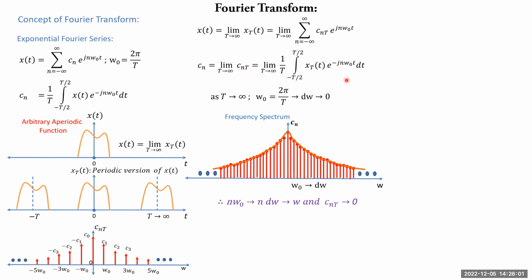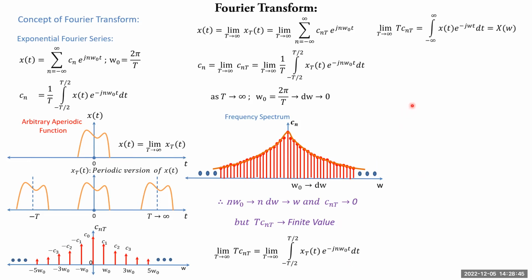This problem can be solved by shifting capital T to the left hand side, and therefore instead of computing the limit of Cn, we'll calculate the limit of T into Cn, which will become a finite value. Therefore we get limit T tends to infinity of T Cn is equal to limit T tends to infinity of the integration of the periodic version of x of t into e raised to minus j n omega naught t dt with limits of integration from minus T by 2 to plus T by 2.